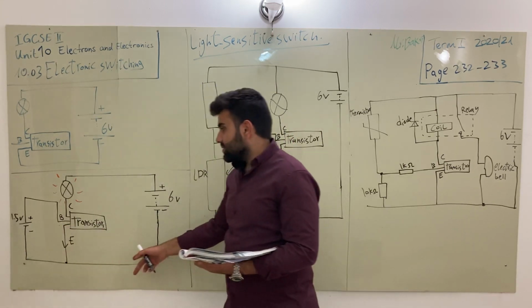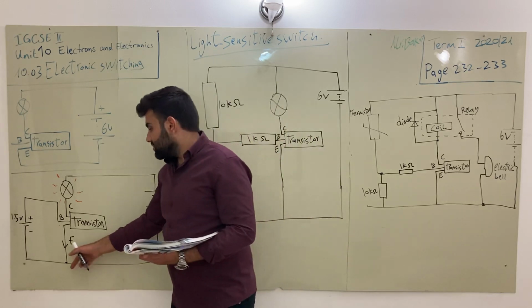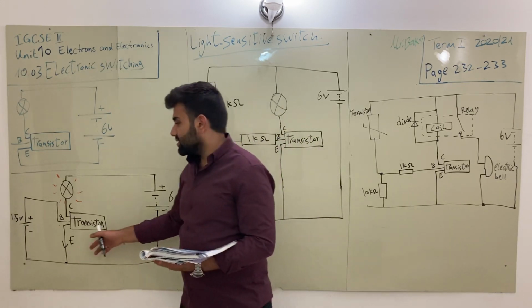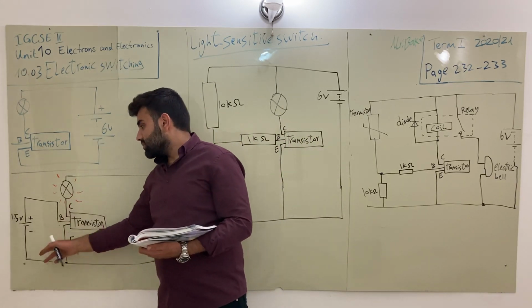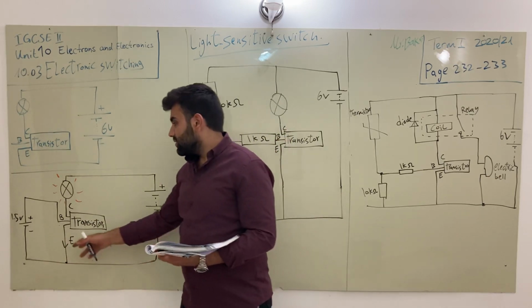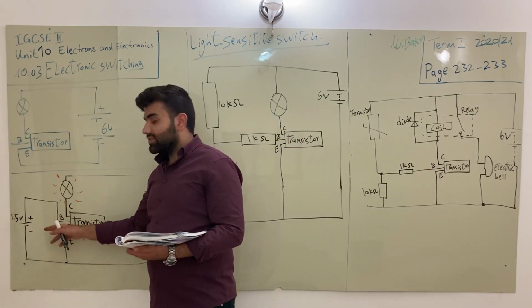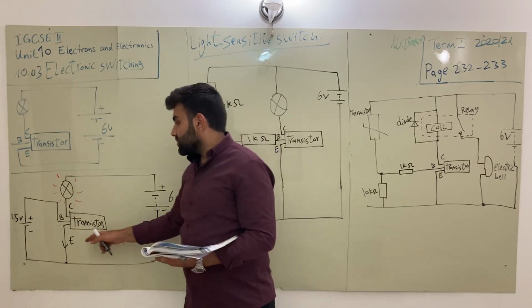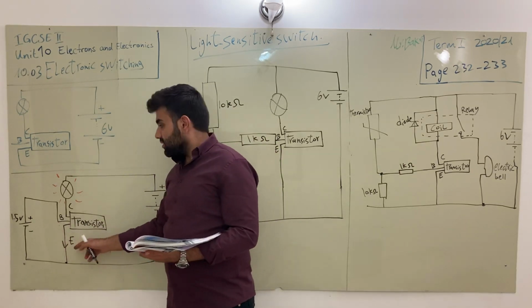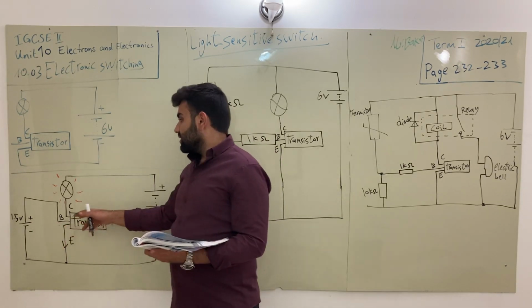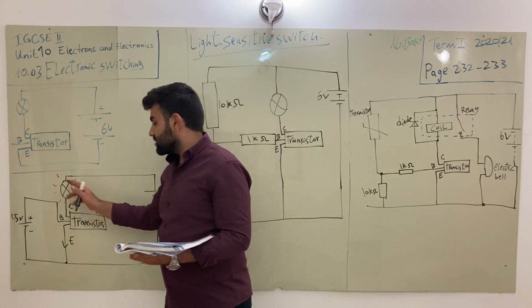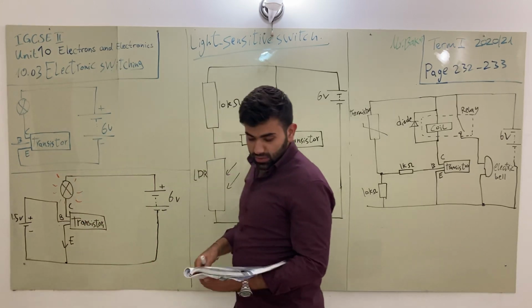So you see this, the emitter, the 6 volt here to the lamp, and we're going 5 volt here for the potential divider for the transistor. When you apply a small voltage on it, it will open the switch and the lamp will turn on.